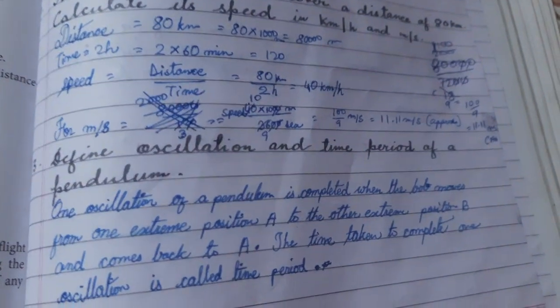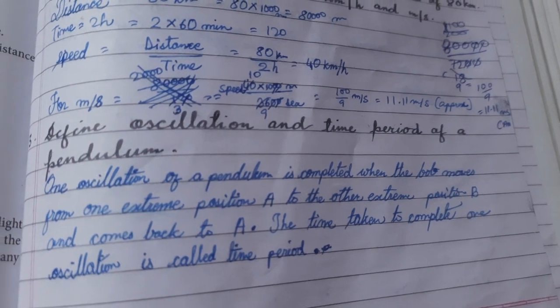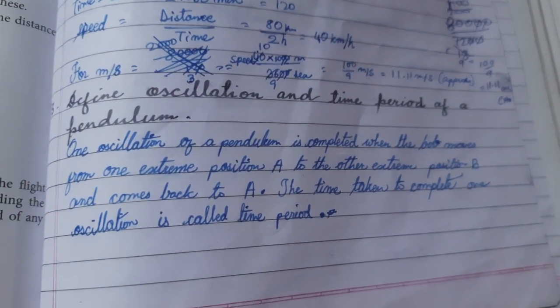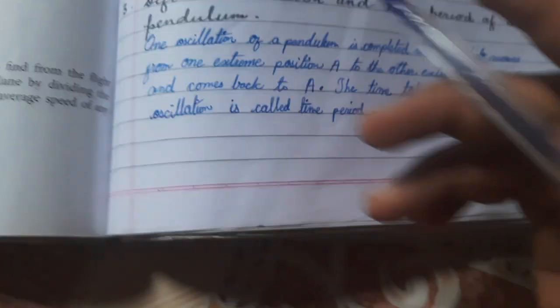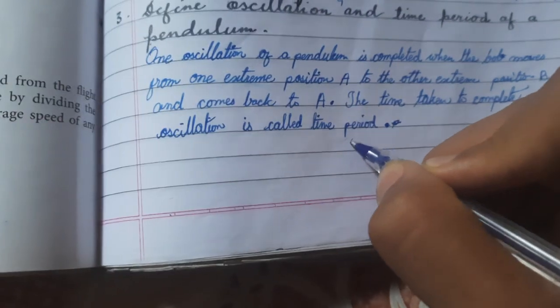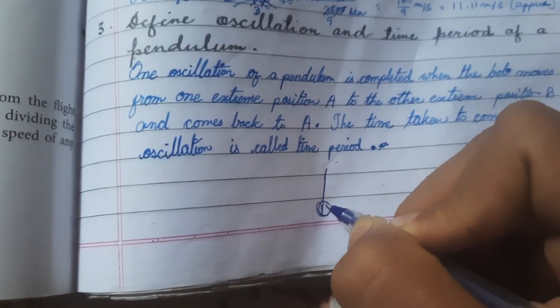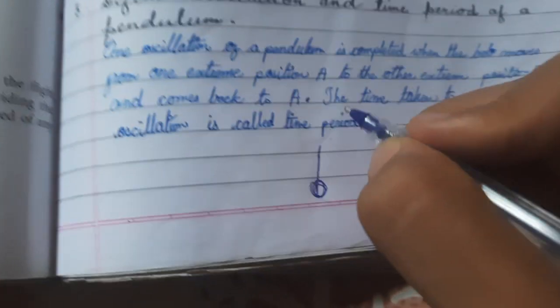Define oscillation and time period of a pendulum. One oscillation, you would understand like this. This is the pendulum, my drawing is not so good.